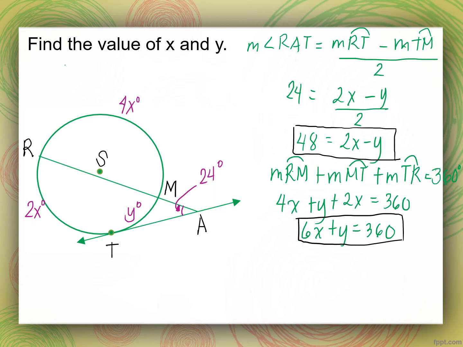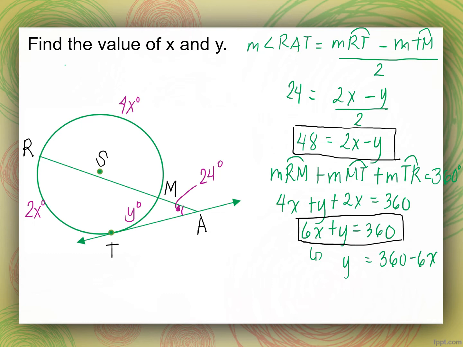How about let's do substitution. So let's rewrite 6x plus y is equal to 360 solving for y. So y is equal to 360 minus 6x.